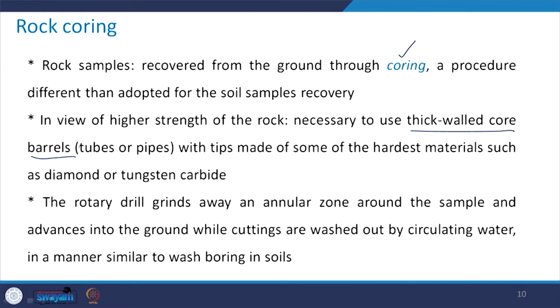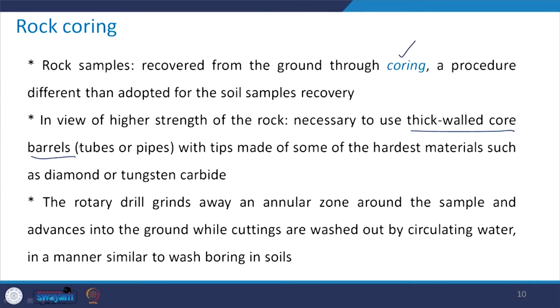These are tubes or pipes, and they have the tip which is made up of some of the hardest materials such as diamond or tungsten carbide. Can you recollect Mohs hardness scale? The hardness of diamond, on the relative scale, was 10.